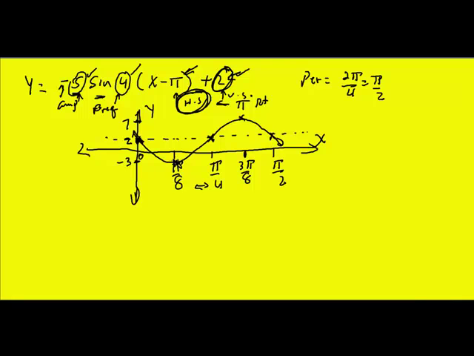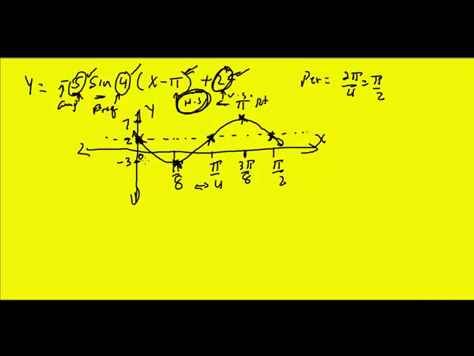I can either move every single one of my points pi units to the right, which is hard to do, or I can move my axis pi units to the left. So that means I have to subtract. Sorry, not subtract. I have to add pi to everything.